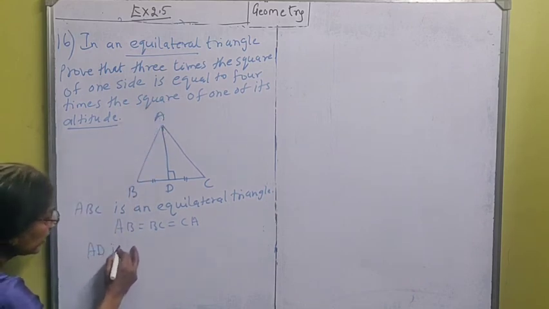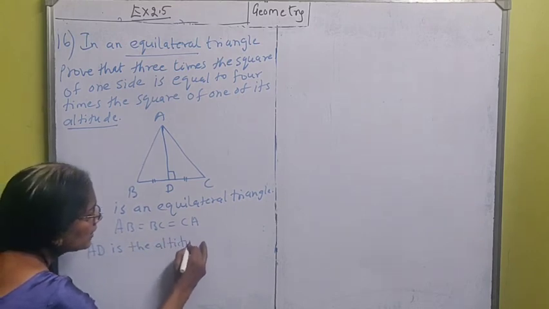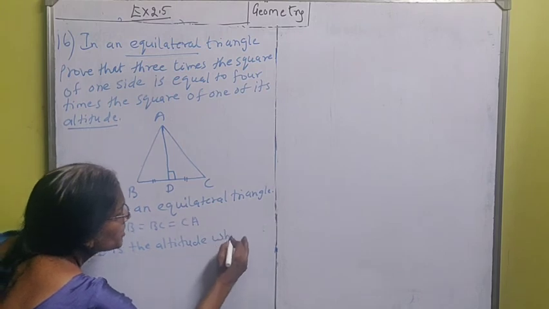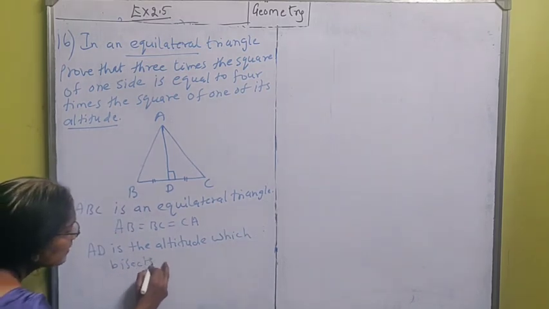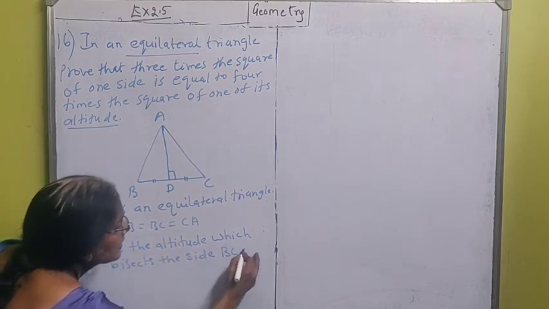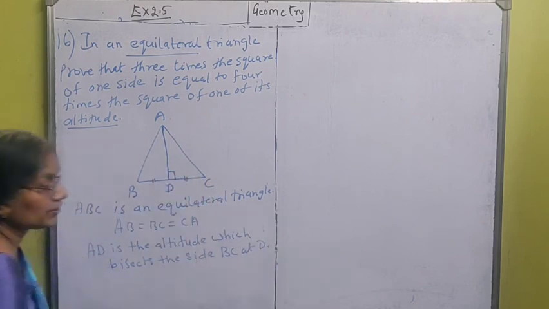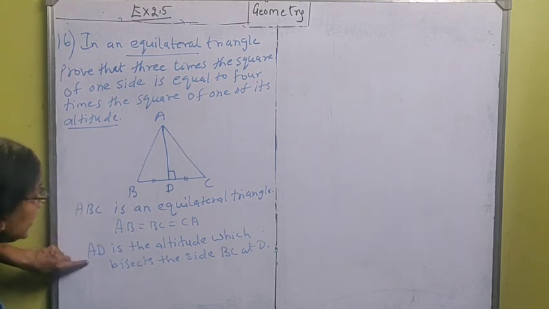Very important thing. AD is the altitude which bisects the side BC at D. So this is very important. So here AB is the side I am going to consider and AD is the altitude. So what do you have to prove?